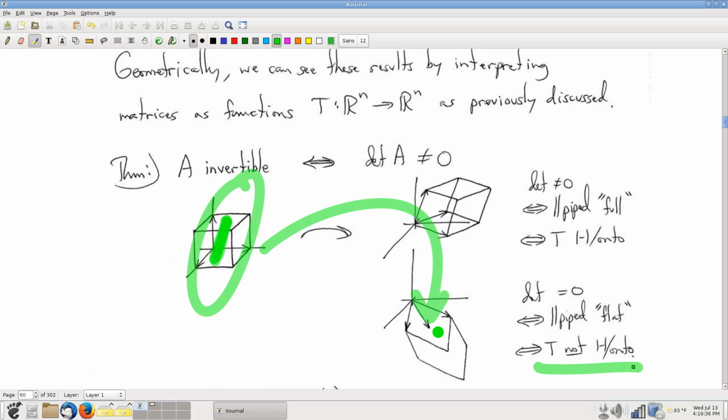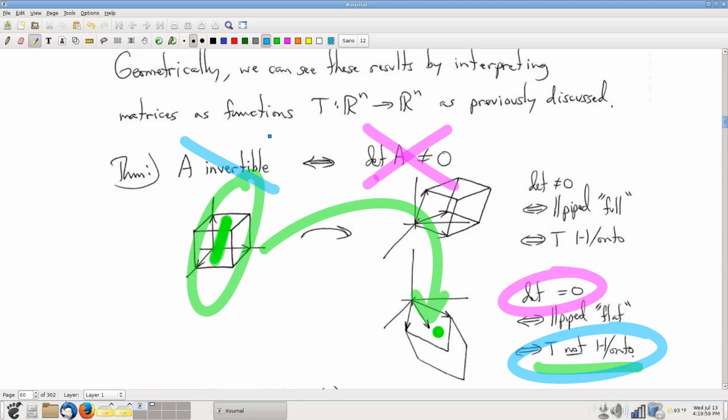It is not true that every single point has exactly one preimage. Here, this point's got a bunch of points that are the preimage. So it's not one-to-one and onto, and therefore it's not invertible. So what we see here is that if the determinant is 0, then the function is not invertible.